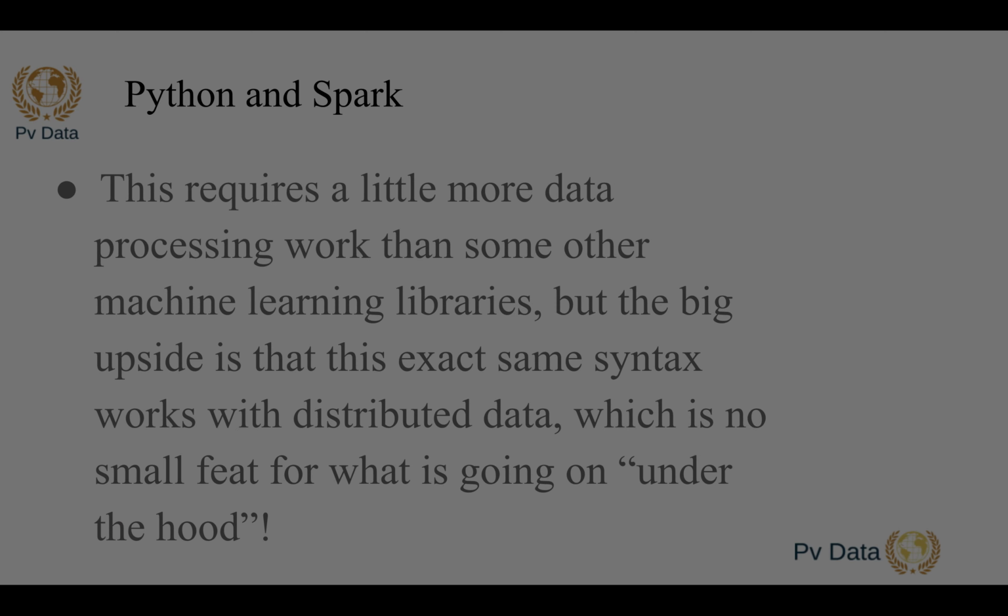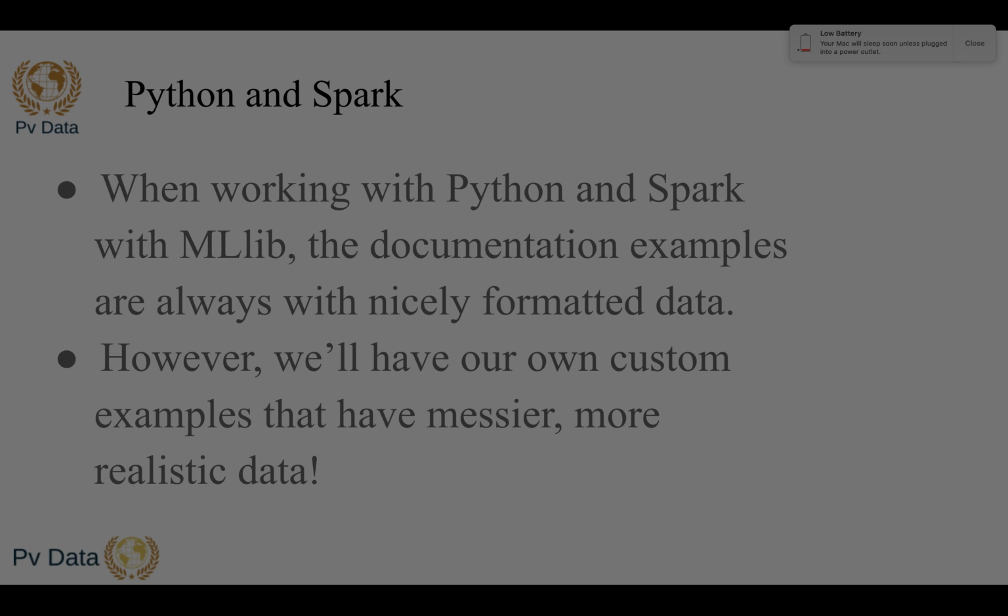This requires a little more data processing work than some other machine learning libraries, but the big upside is that the exact same syntax works with distributed data, which is no small feat for what's going on under the hood.